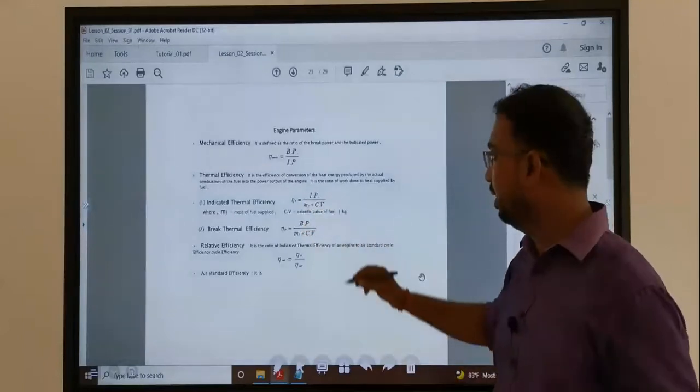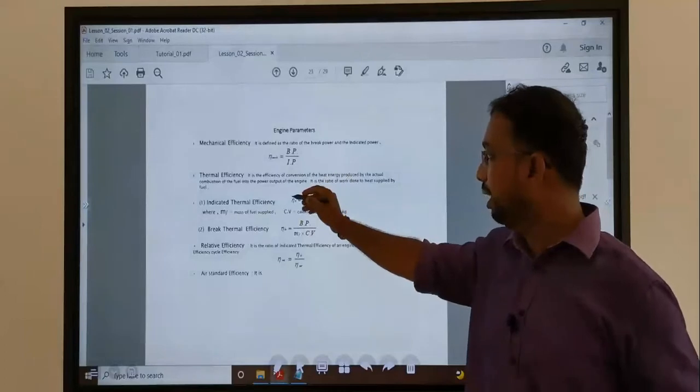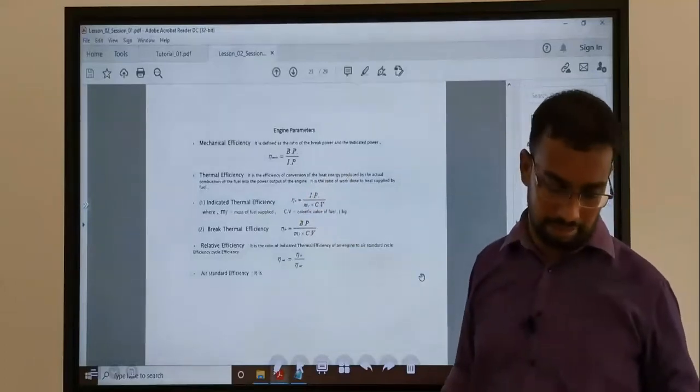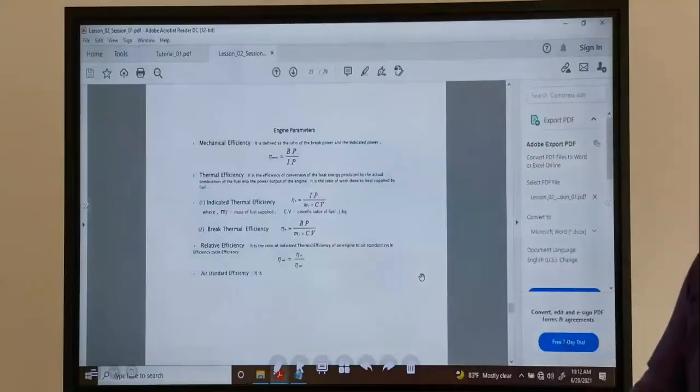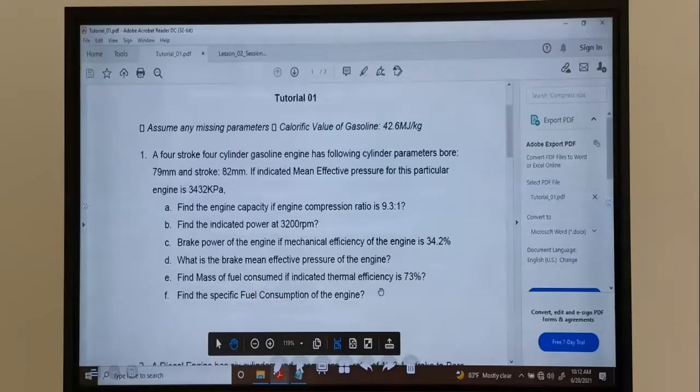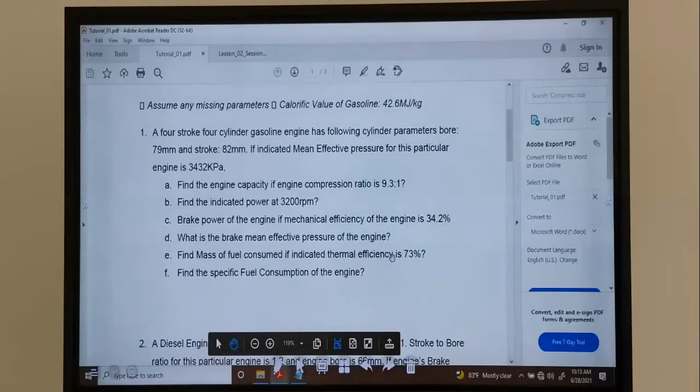CV we know, indicated power we know, and the indicated thermal efficiency we also know, 73. So we have to find the mass of fuel consumed.